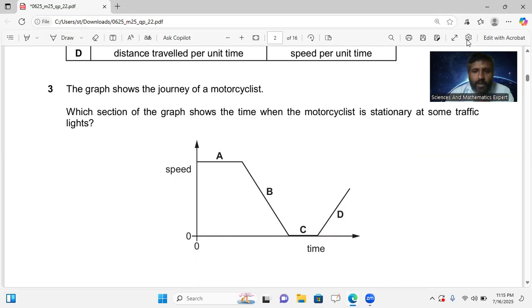At that time speed is 0 and there is no area under the graph, that is section C. B is traveling with decreasing speed, A is having some constant speed, D is having increasing speed, and C is at rest at some signal for some time.